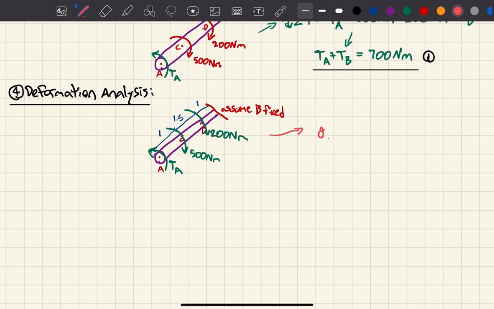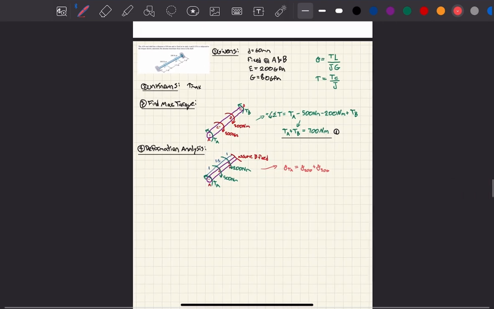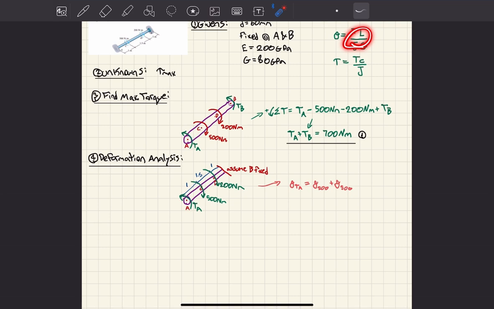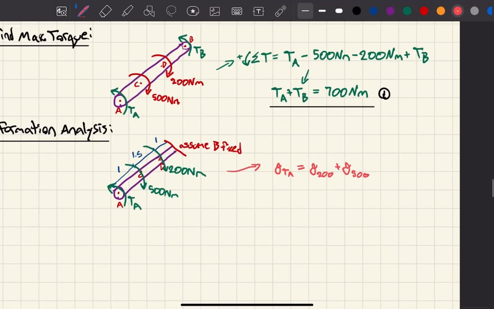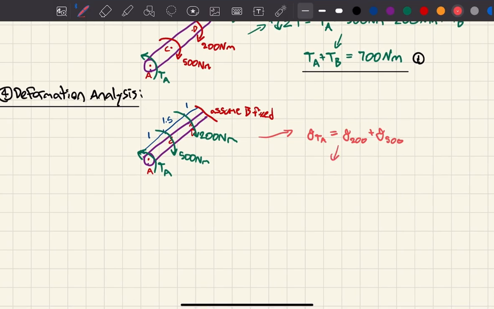Okay, so we're going to use the equation that we just derived. So TA, and I'll put it over here. Theta is equal to TL over JG.